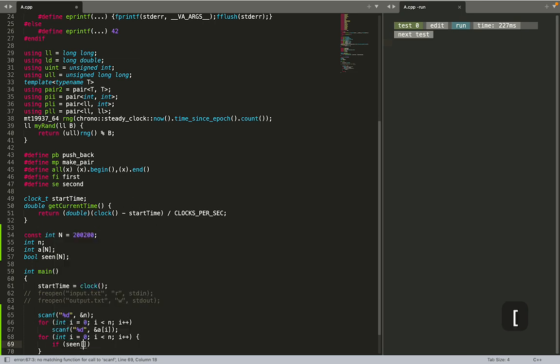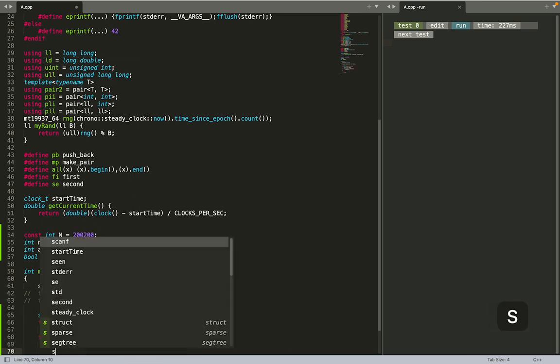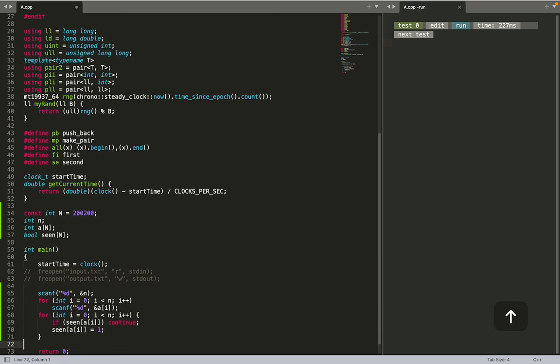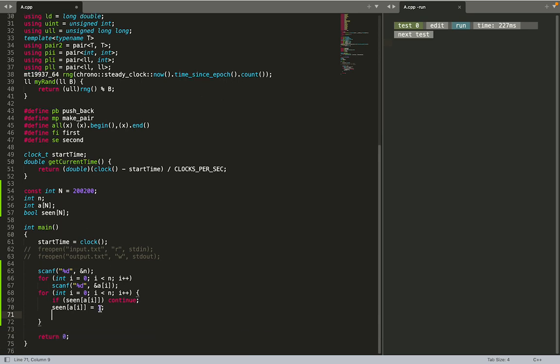If we have already seen this element, then we do nothing, otherwise we mark it as seen and try to delete it. I could make some kind of two pointers, but just writing two nested loops works in linear time, because I will traverse each element only twice.